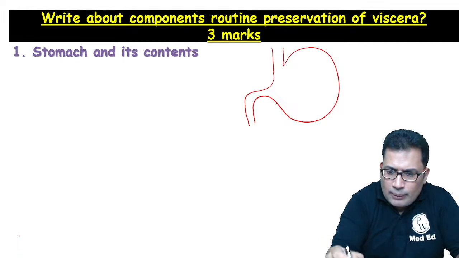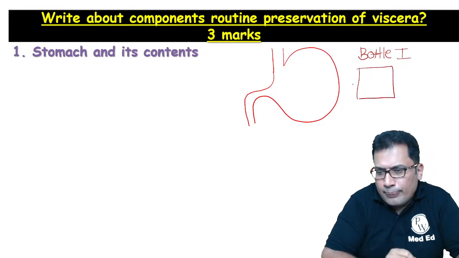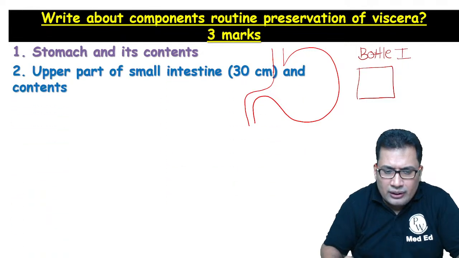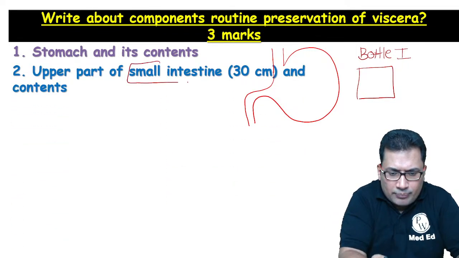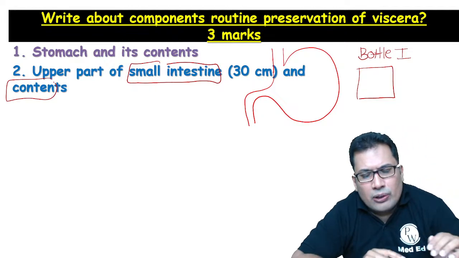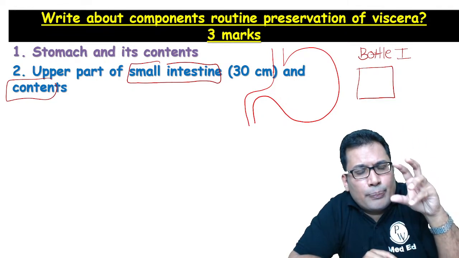So this is bottle number 1. In bottle number 1, stomach contents and also contents of the small intestine, duodenum. This is very important, guys, and very commonly asked in your viva also. What is there in bottle number 1 of organ preservation?